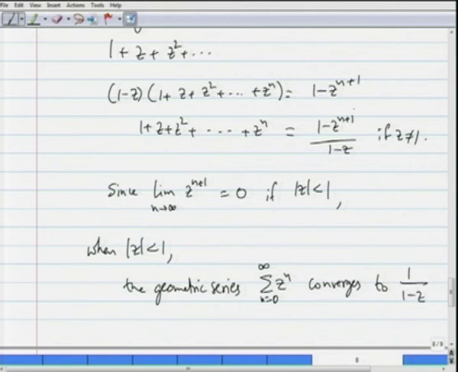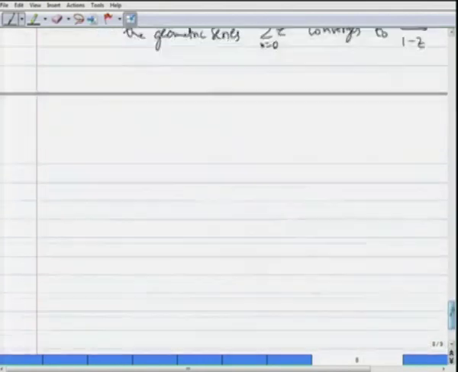So, this term up here tends to 0. So, this geometric series converges to 1 by 1 minus z when the modulus of z is less than 1.